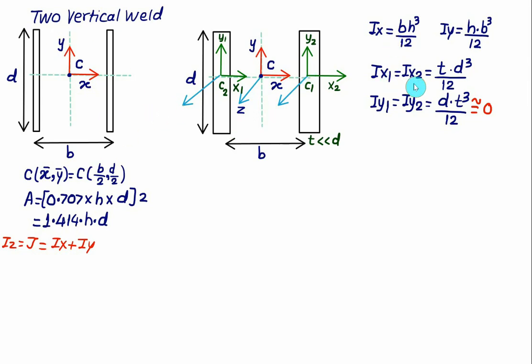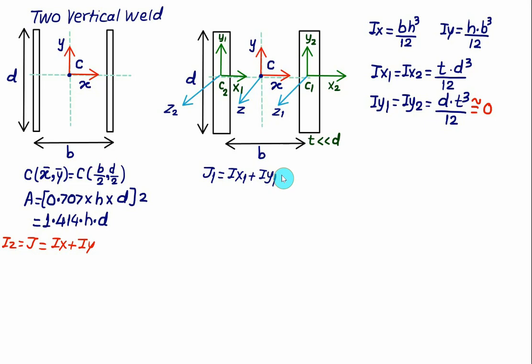Ix1 and Ix2 are equal to T d cube by 12, and Iy1 and Iy2 are equal to d into T cube by 12, which is approximately equal to 0. Let's say this axis is the Z2 axis and this axis is the Z1 axis. So the polar moment of inertia for the right hand side weld is J1, and J1 is equal to Ix1 plus Iy1.